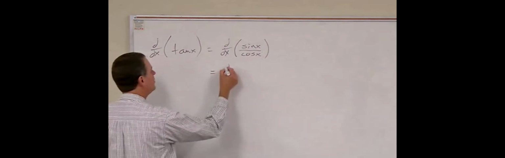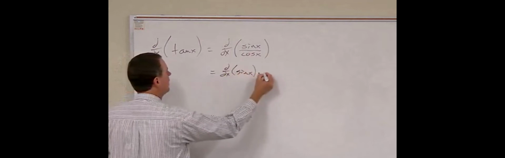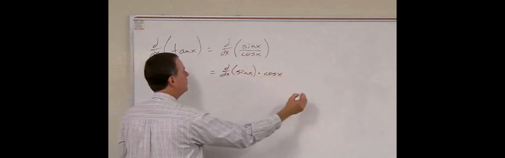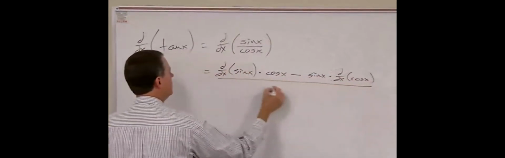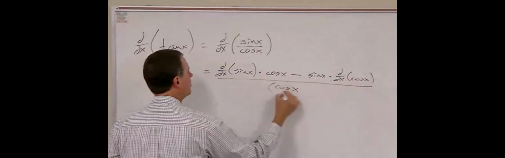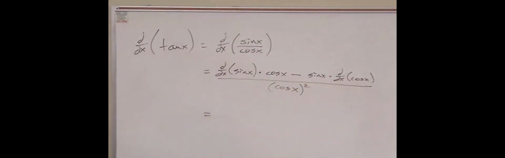I have to do the derivative of the numerator times the denominator, minus the numerator times the derivative of the denominator, over the denominator squared. So exactly right, I do the quotient rule.